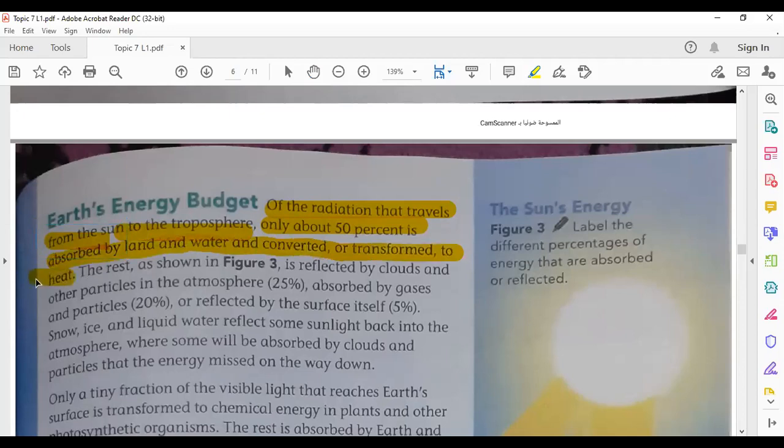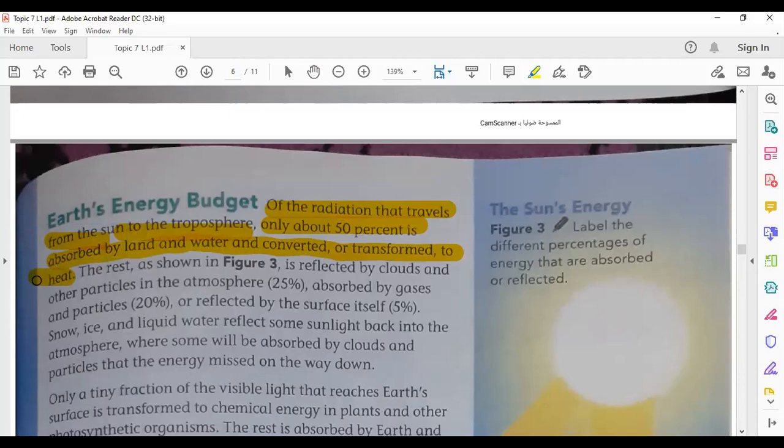So of all of the radiation from the sun, 50% is absorbed by land and water and converted to heat.